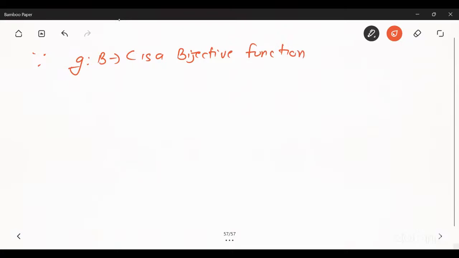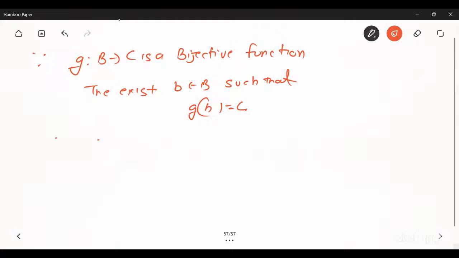That means g is also 1-1 and g is also onto. So there exists b belongs to B such that g(b) equal to c will be defined.